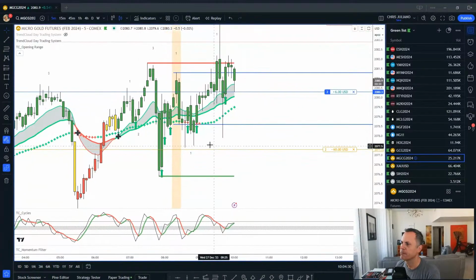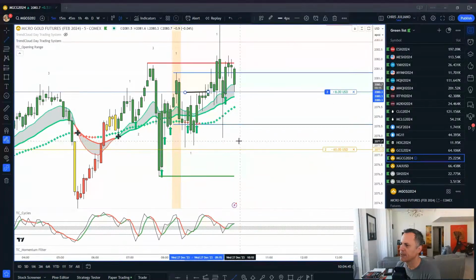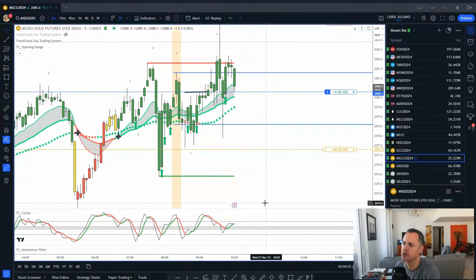Here's gold. Here's the 5 minute right here. Here was the signal at 8:55 in the morning, right there. We took the trade right there. And our stop loss is just below the wicks of the candles that formed on the opening range, right? Makes sense, right?